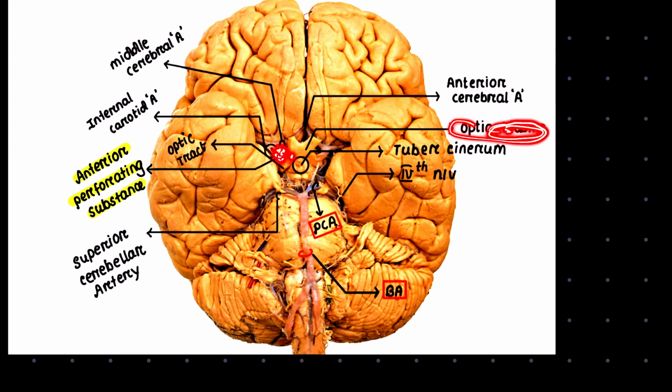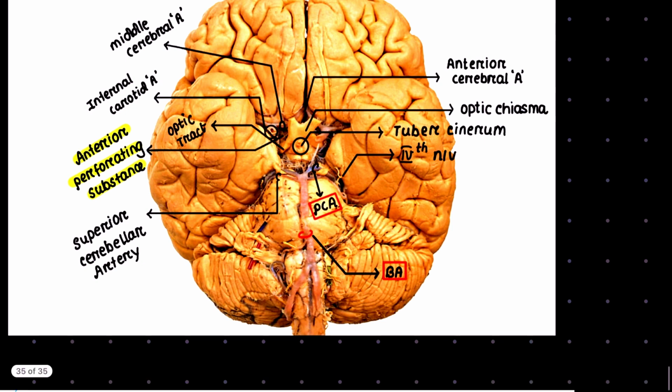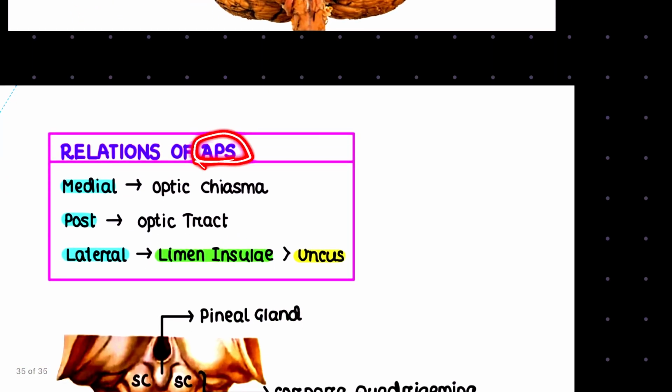And posteriorly, what do we have? Posteriorly we have the optic tract. Laterally, we are not able to show it right here, but laterally there is the limen insulae, and again lateral to that there is the uncus. So the relations of the anterior perforating substance: medially the optic chiasma, posteriorly the optic tract, and laterally the limen insulae, and more lateral is the uncus.